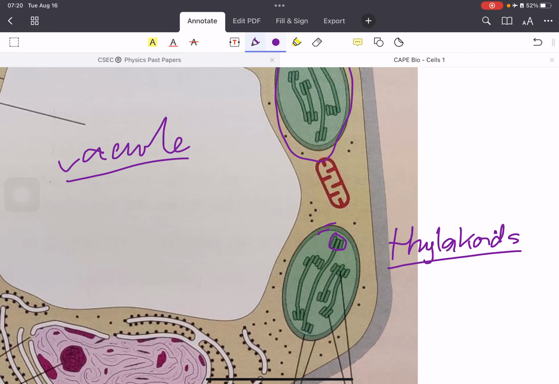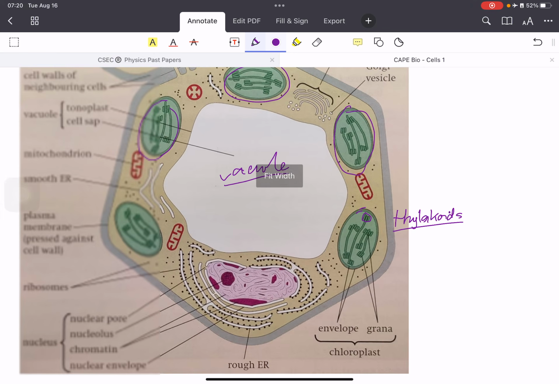A stack of these thylakoids is called a granum, but we don't need to go so in depth. Inside these thylakoids there are photosystems, and they help control photosynthesis, but we don't need to go into depth there. That's just something to note.